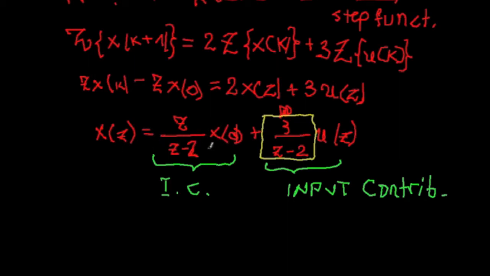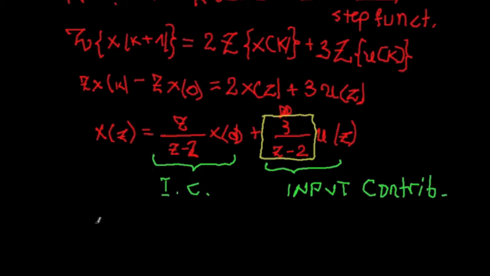So we have these two contributions, and therefore we want to look at what is the step response in the case of having these two contributions. So let us just work this out, because this is easy.